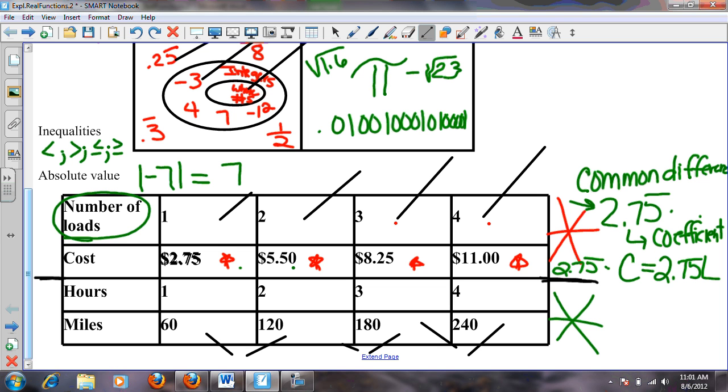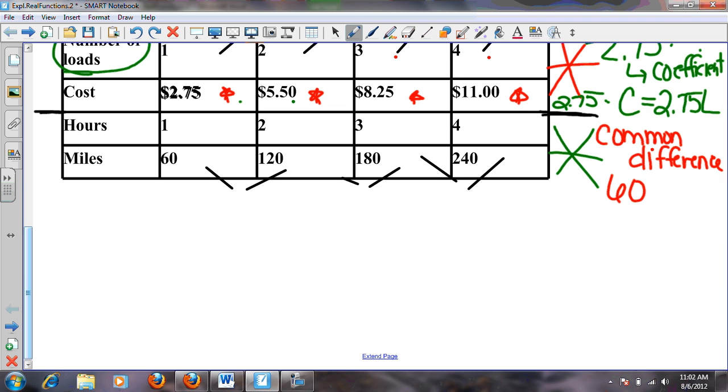What did you come up with? The common difference? 60. Then 60 becomes my coefficient.